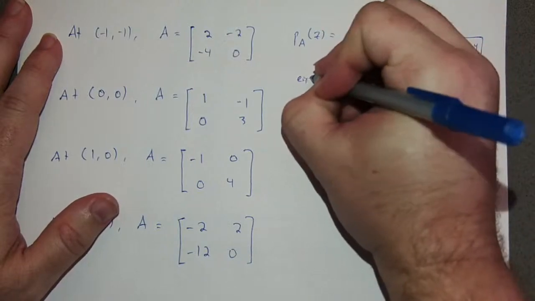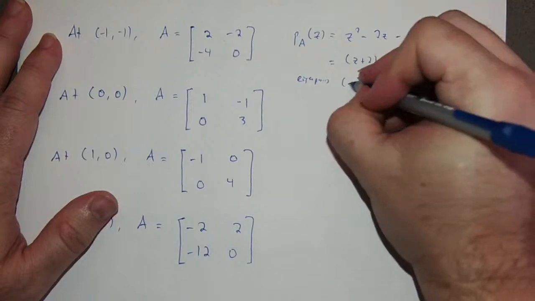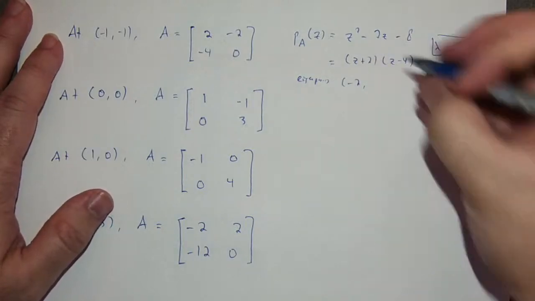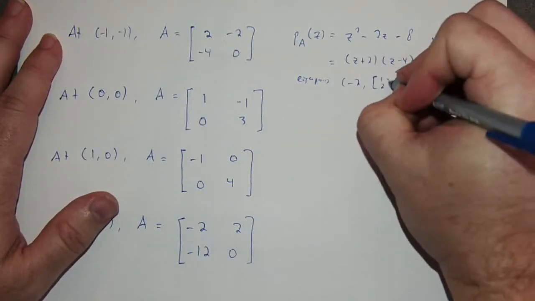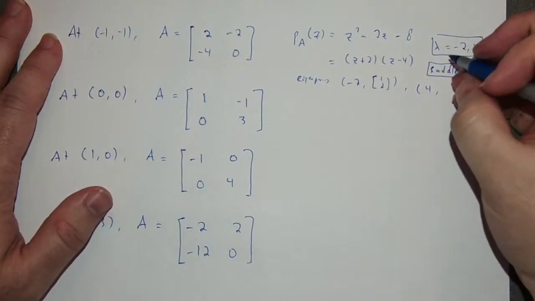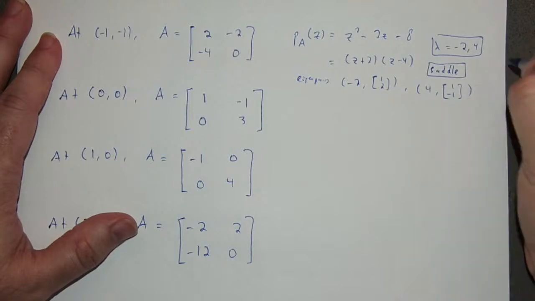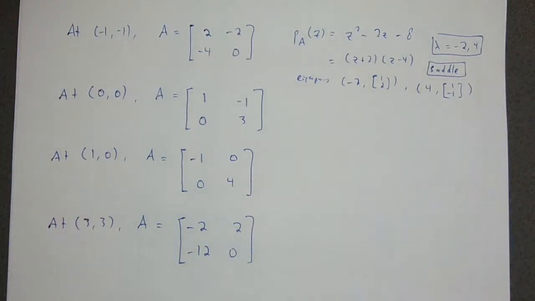This thing has eigenpairs -2 with (1, 2), which you can find, and 4 with (1, 1) or (1, -1). So this just tells me which of those line solutions is approaching the stationary point and which one's going away from it.